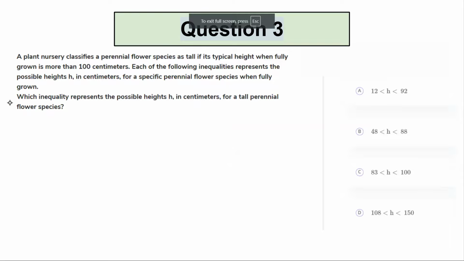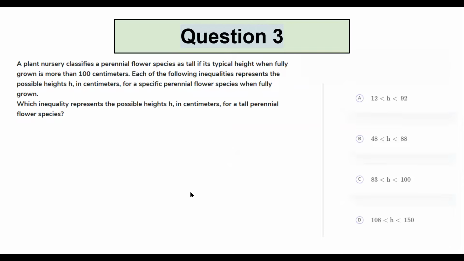Question 3 says, a plant nursery classifies a perennial flower species as tall if its typical height when fully grown is more than 100 centimeters. Each of the following inequalities represent the possible heights in centimeters for a specific perennial flower species when fully grown.